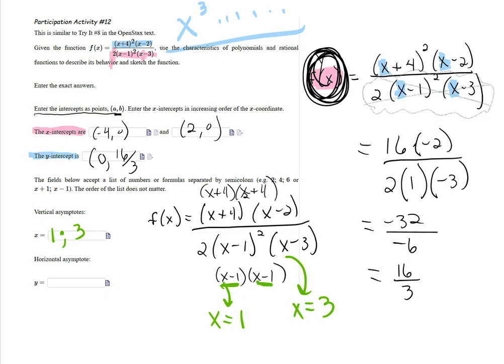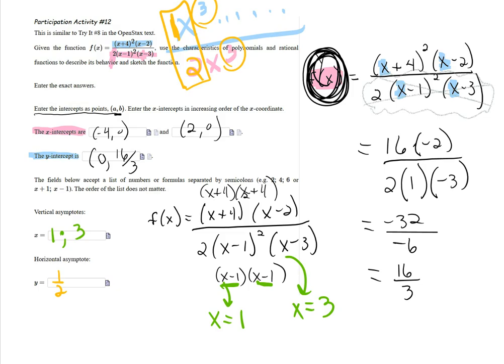But then I have this 2 in front, so I'm going to have a 2x cubed. And since they have the same degree, the horizontal asymptote is going to be the ratio of 1 to 2. So this should be 1/2.